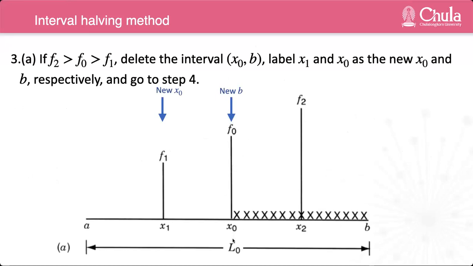The middle point is x0. On the left hand side is x1, the right hand side is x2. Then we evaluate three points, F1, F0, and F2. From the result, if we get this result, we can eliminate the right hand side part.